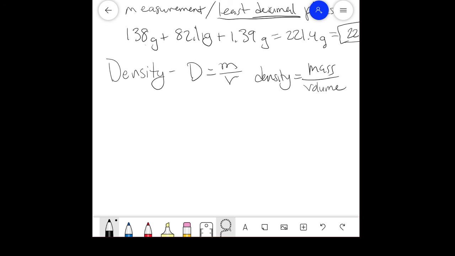And so just to remember for this, the units for density are going to be like grams over centimeters cubed. Mass is going to be grams, and then volume could be centimeters cubed or a milliliter. They are equal to each other. And then you just plug these in and divide.